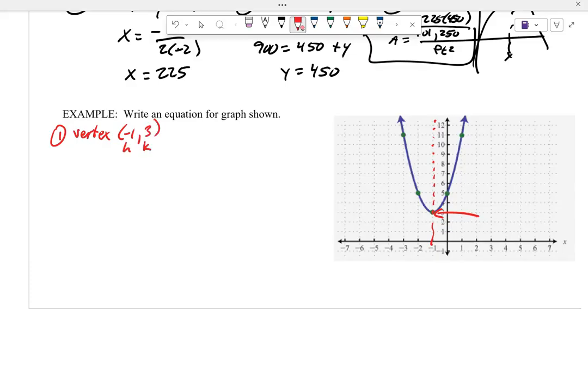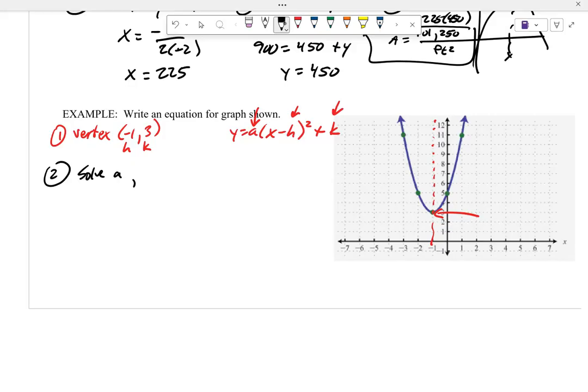Remember, if I'm writing the equation in vertex form, I've got to have an h, k, and I've got to have a value for a as well. And I know it opens up, so a is going to be positive. But the question is, what value is it? I really don't know the value of it yet, so I'm going to have to solve for a.